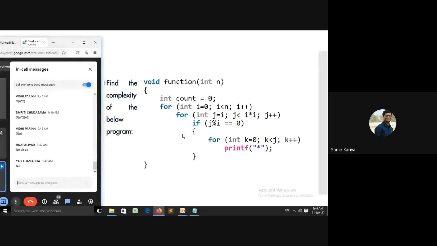Okay, n raised to 4. Let me check my answer. Okay, I don't want to share any answer. What about the other students?